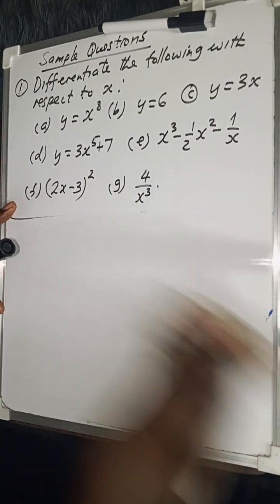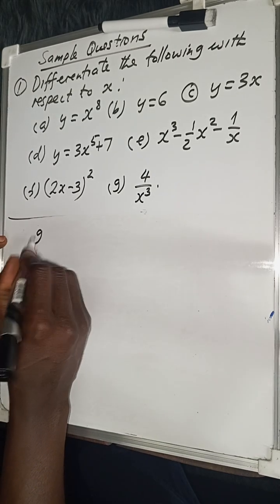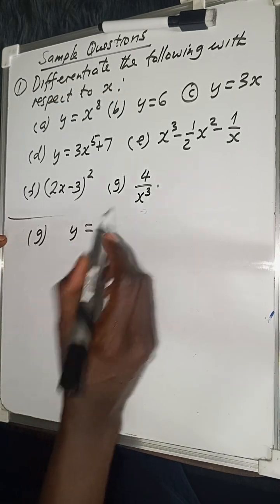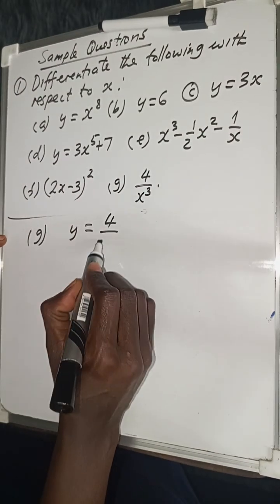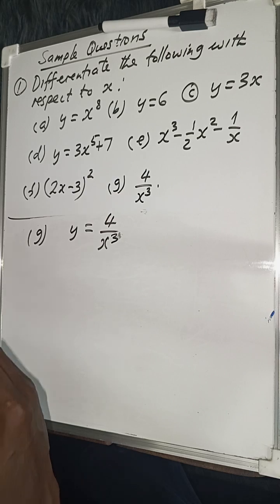Right, our last question there, which is our g part, says y is equal to 4 over x to the power 3.